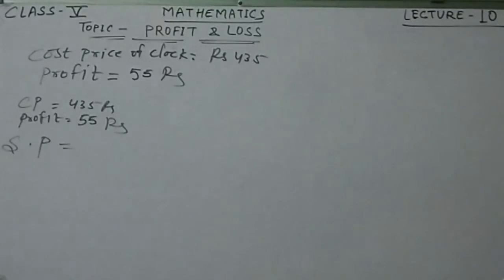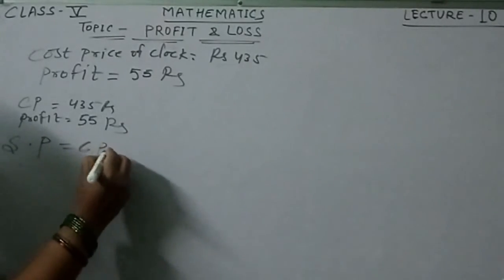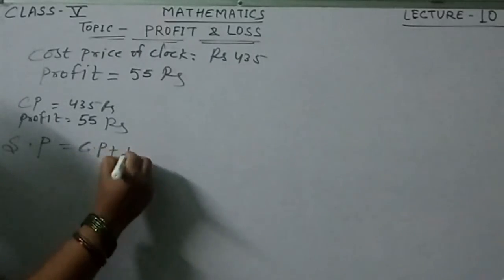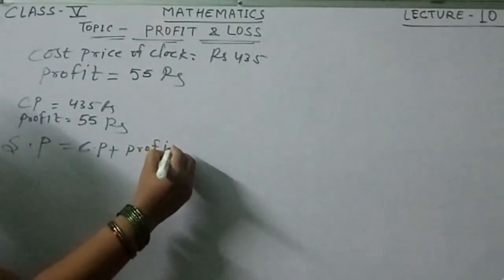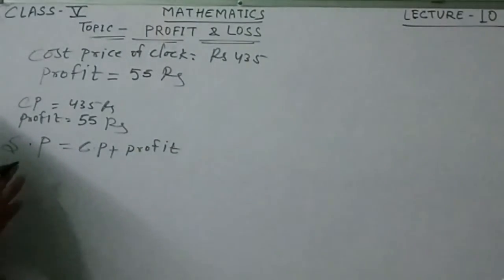Then you have to find the SP, the selling price. So what is the selling price? Cost price plus profit. CP plus profit.